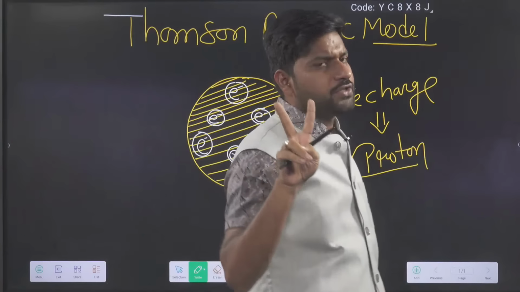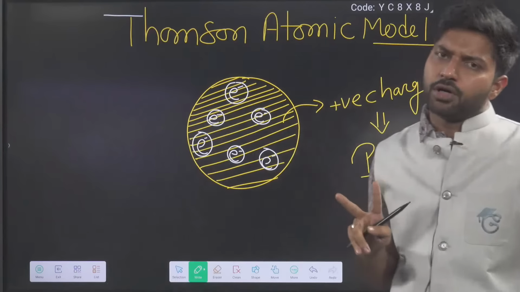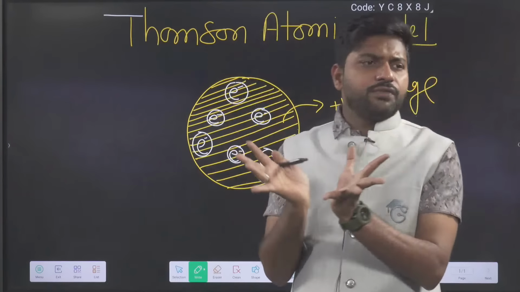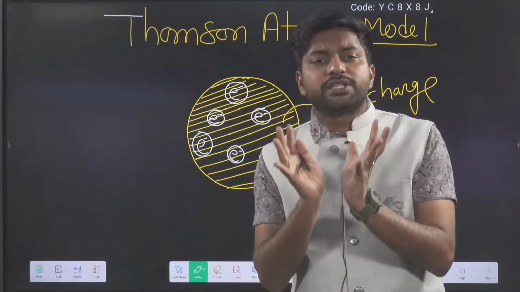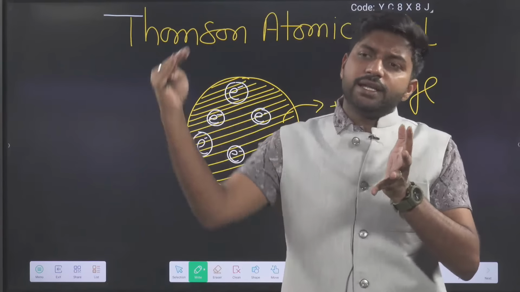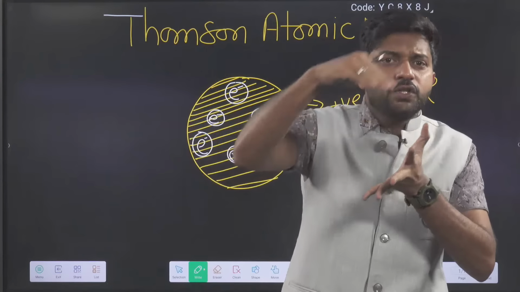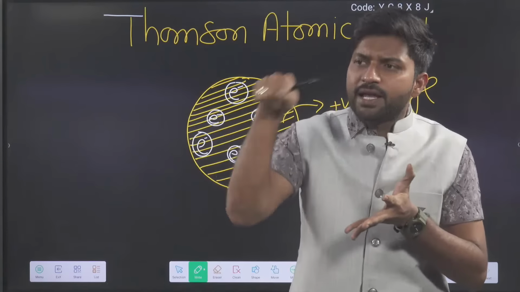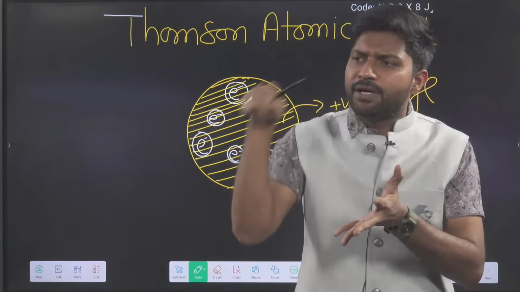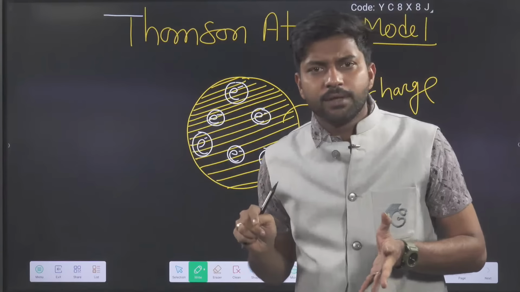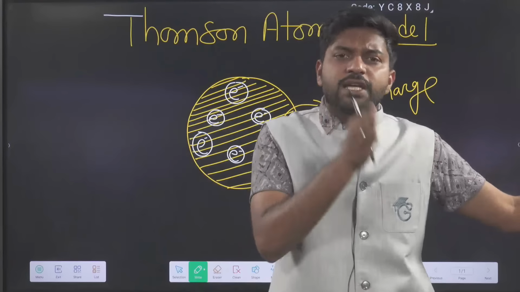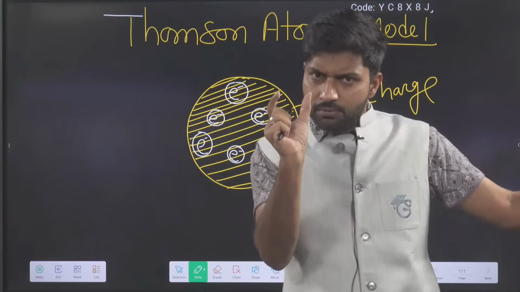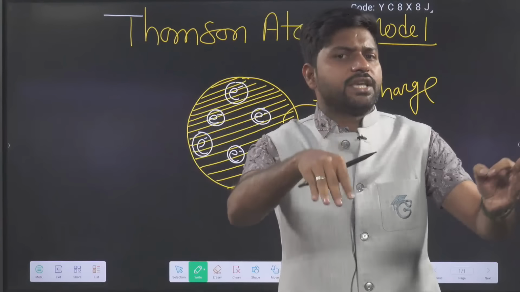So these 2 points were very important in the Thomson model. There is a solid sphere. That solid sphere, just assume, is positive charge. And inside this solid thing, negative particles are embedded randomly. And yes, whatever total positive charge is there, the same equal amount of negative charge is embedded.